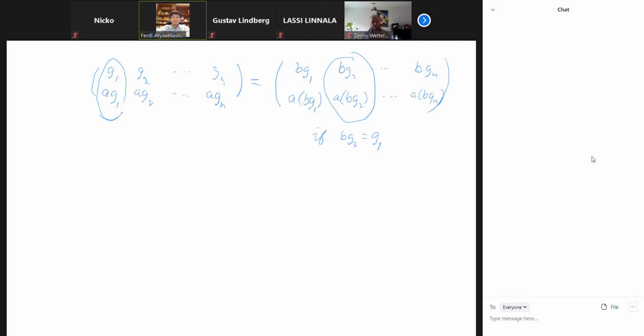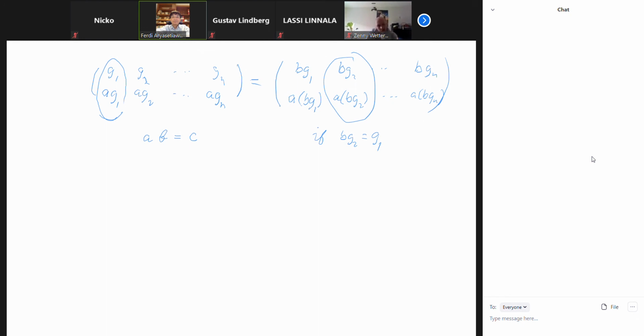So now let's check. Let's say that we take two elements A and B, and apply that. Let's say that is equal to C. So we just check that this multiplication is fulfilled. We replace A by the permutation.